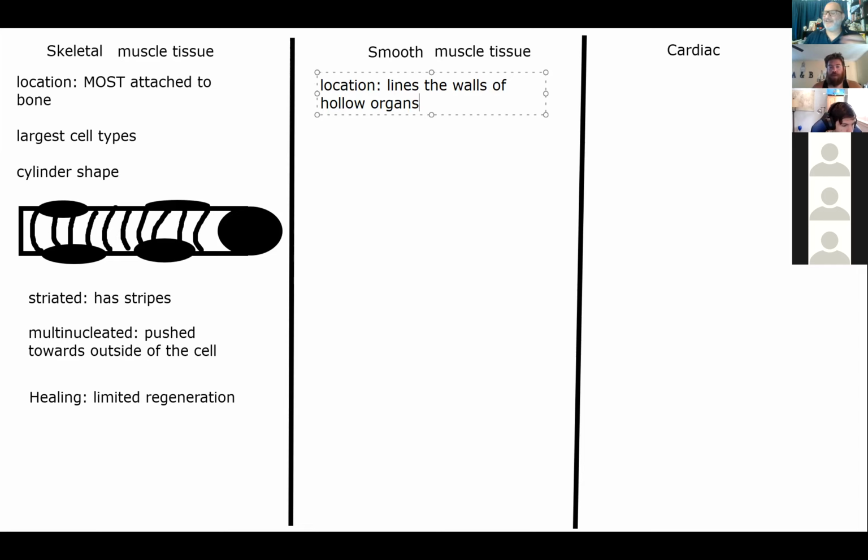Did we learn about any smooth muscle in this class that wasn't found in the wall of hollow organs? Yes. Yeah, where? Where was the first time we talked about smooth muscle in this class? Maybe in the first organ system we discussed.